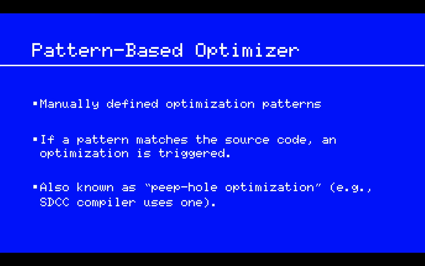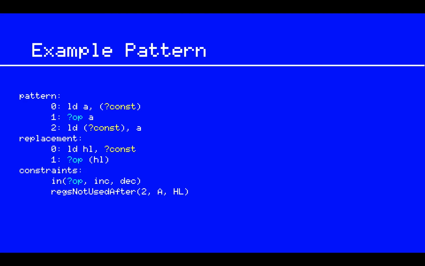All right, let me show you an example. What do I mean by an optimization pattern? This is an example pattern included in MDL. There are 3 parts in a pattern: a pattern, a replacement, and then constraints. The first part, the pattern, is a set of partially specified assembler lines.